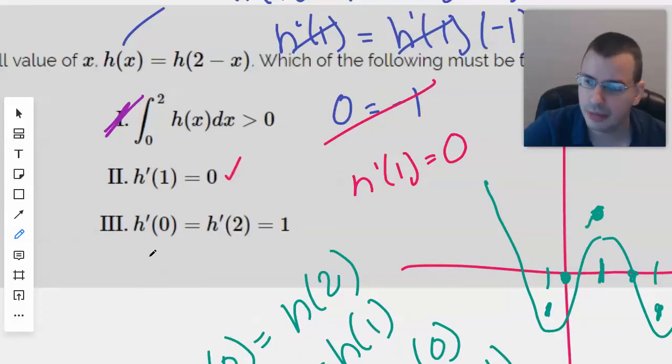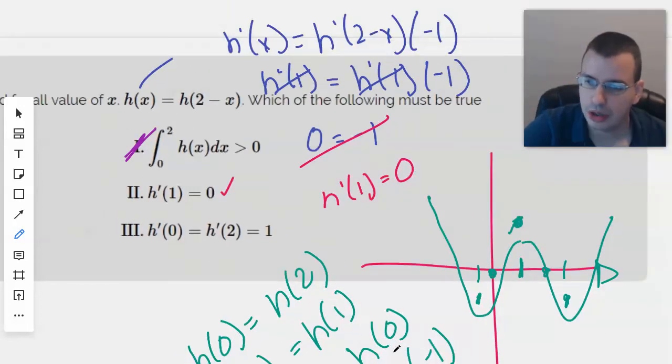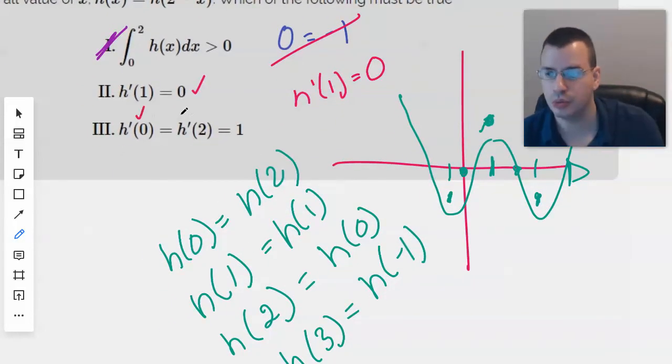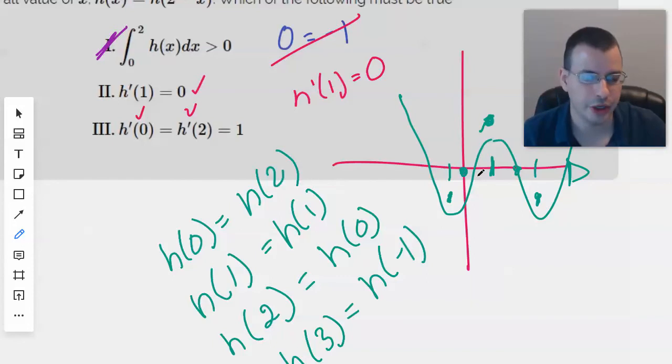All right, h prime of 0 equals h prime of 2. Equals 1. Not necessarily.